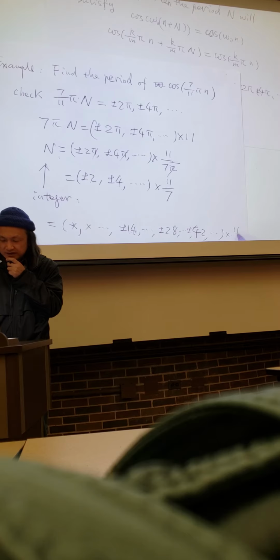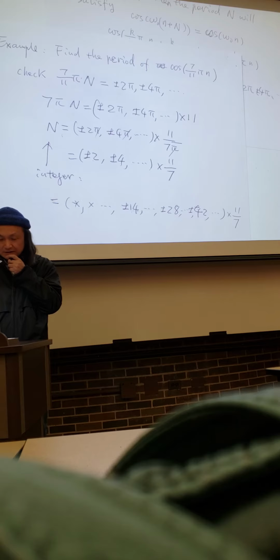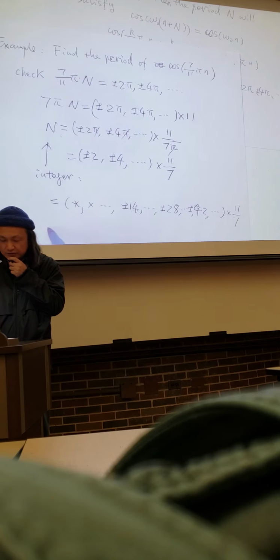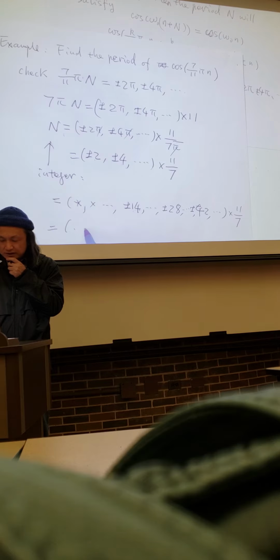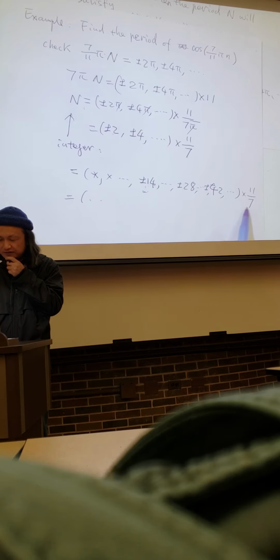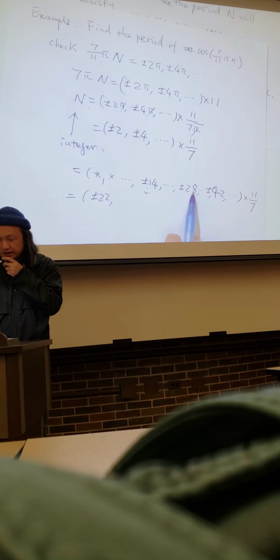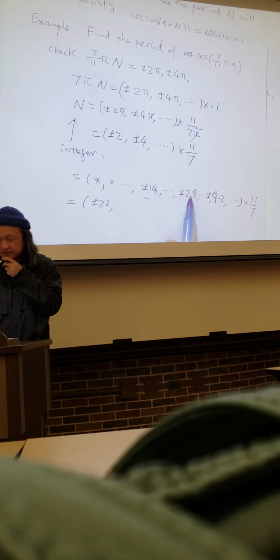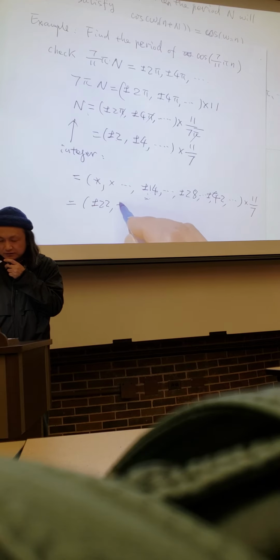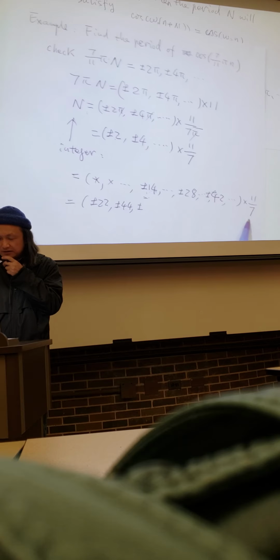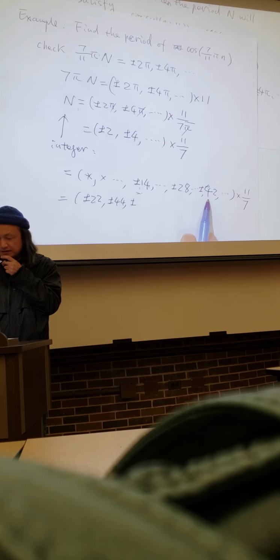This one times 11 over 7, right? Then the 7 cancels. So I don't need this, I start from here. 14 over 7, I get 2, so I have 22. And then 28, 4 of it, 4 times 11 is 44. And next will be 6.